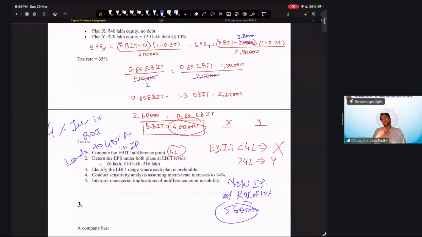Rather, you can say 10% becomes 14%, so it's actually a 40% increase in the rate of interest. So the increase in rate of interest and the increase in indifference point are on a similar percentage, right? 40% is the answer that we are getting, right?